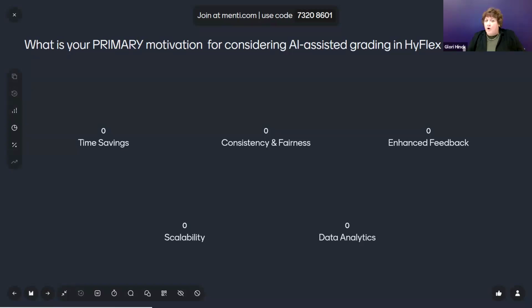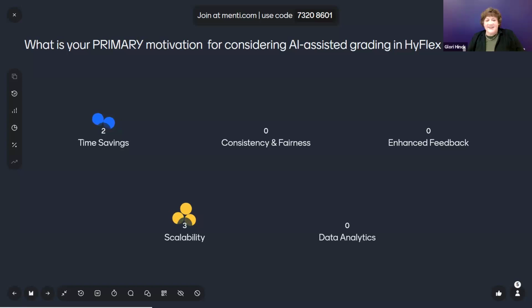So what is your primary motivation for considering AI assisted grading in HyFlex courses? If you are indeed considering it, you at least came to this session, so that might indicate some interest. Does primary mean only one? Yes, it does. That's a tough choice.